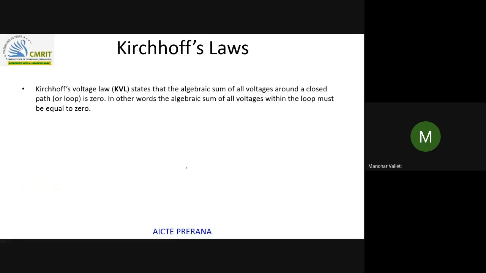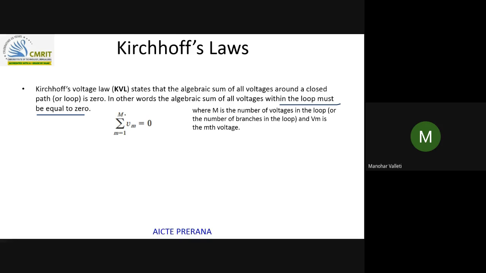So Kirchhoff laws, there are KVL and KCL, right? The main Kirchhoff laws, KVL and KCL. Kirchhoff voltage law says, in summary, the algebraic sum of voltages in the loop is equal to 0. If you write it as a mathematical expression, sigma m equal to 1 to M, Vm equal to 0, where M is the number of voltages in the loop and Vm is the mth voltage.